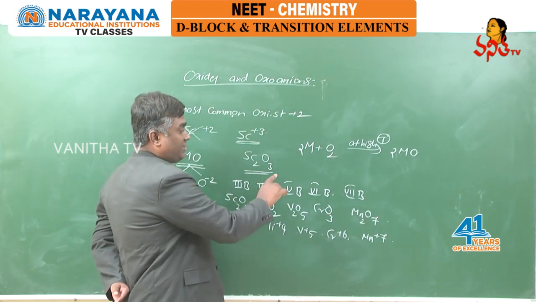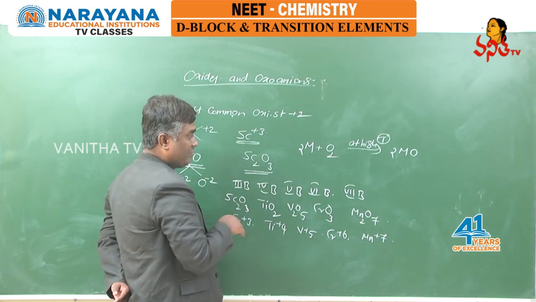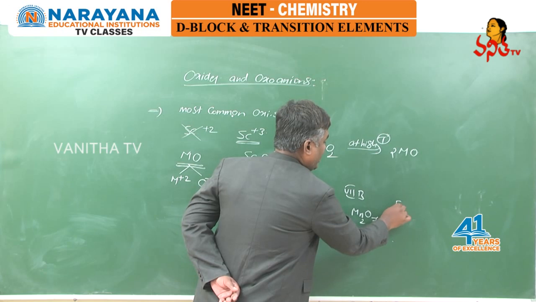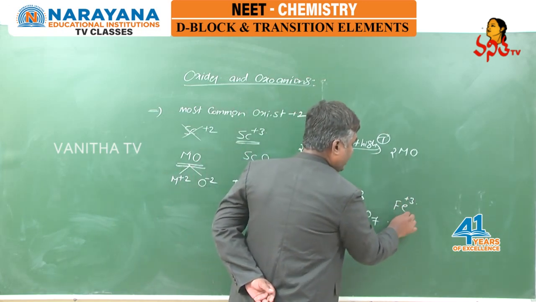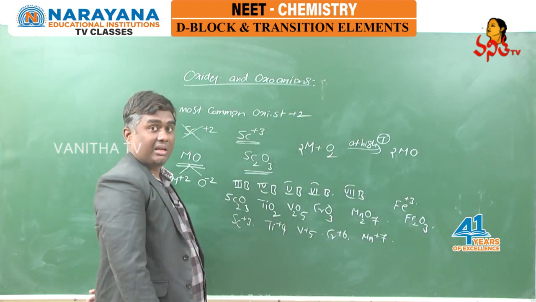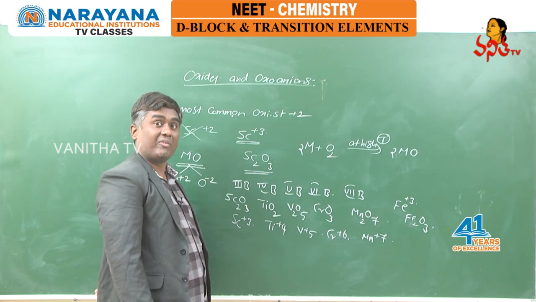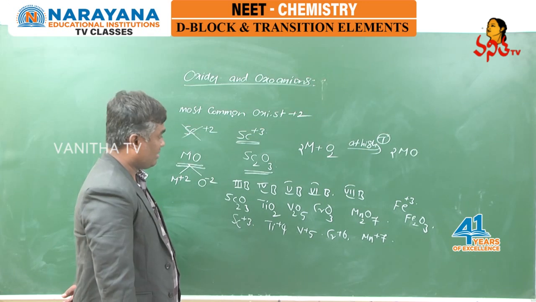But after 7th B group, this series is not observed, because after manganese we are getting iron, and generally iron is exhibiting highest +3 in the form of Fe2O3. But iron can also exhibit highest +6 in the form of ferrates, which are unstable. Yesterday we discussed in the last class, right?